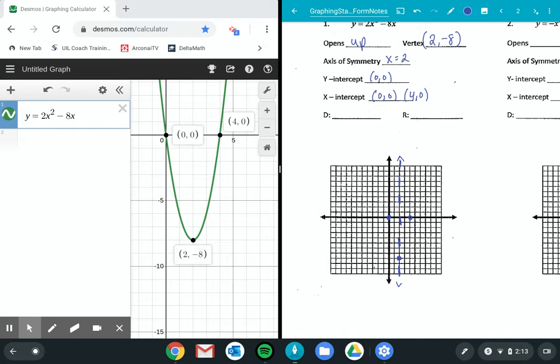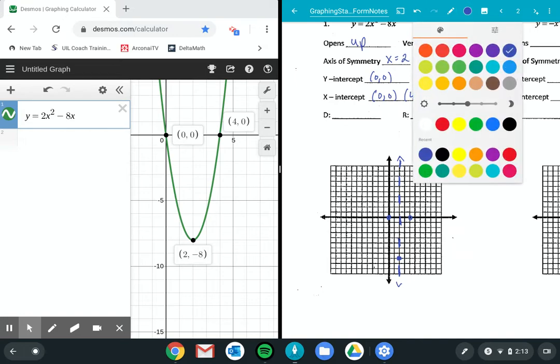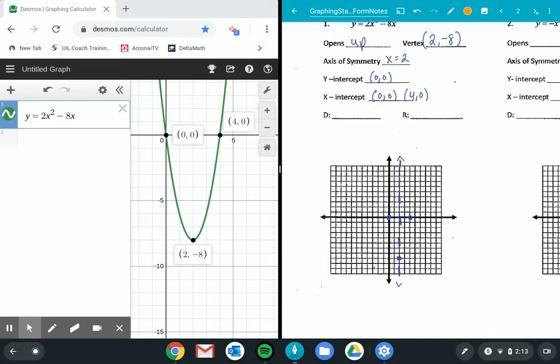And what you might notice here, which is something that should always happen, is every point on one side of my line is the same distance from the axis of symmetry as the point on the opposite side. What I mean by that is looking at 0, 0, it's 2 points away from that axis of symmetry.